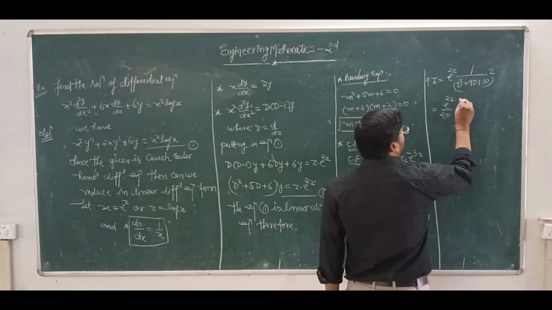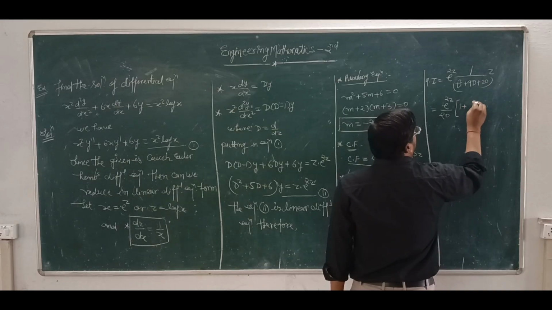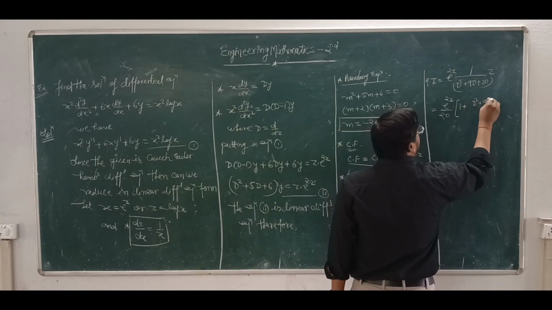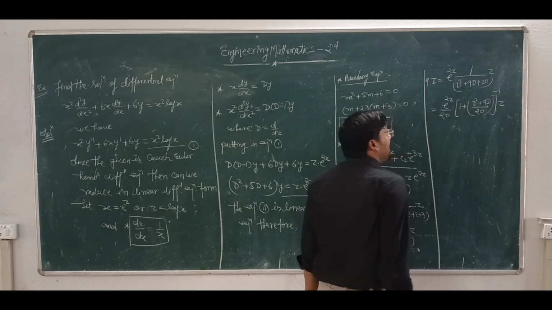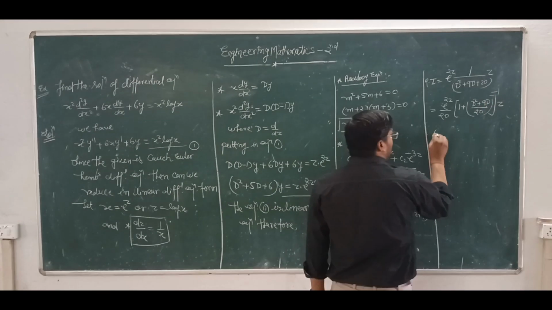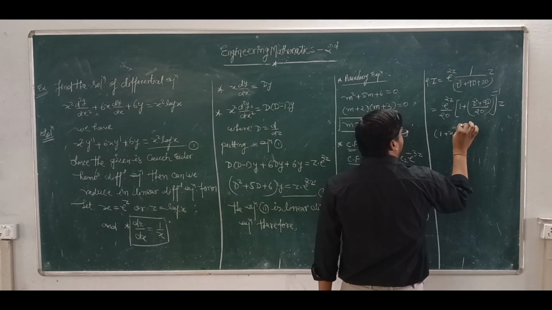Now you can write 1 plus (D square plus 9D) upon 20, whole inverse, into z. Now you can open the function of (1 plus x) to the power minus n.